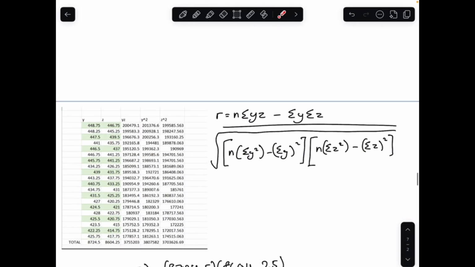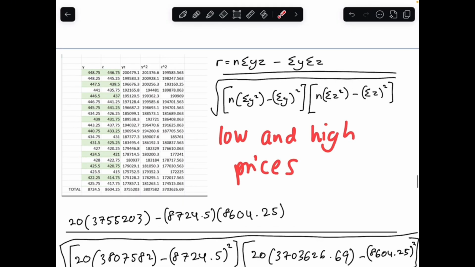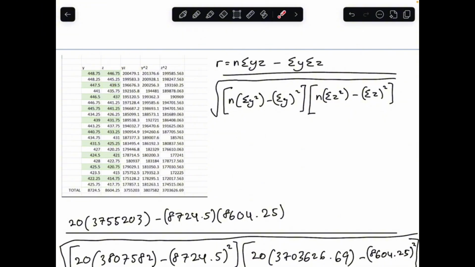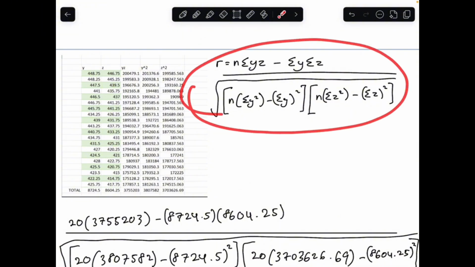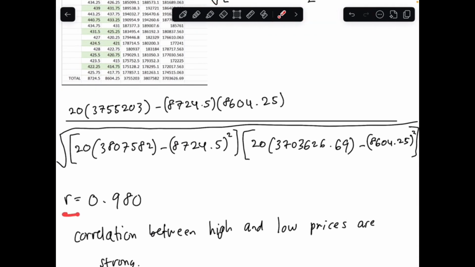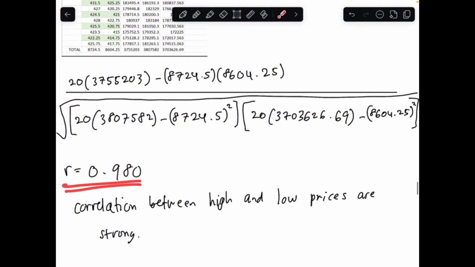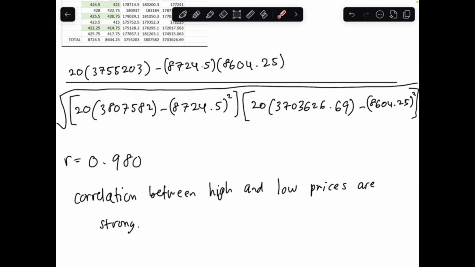Next, the correlation between y and z, which are high and low prices. Substituting all the values in this formula, we get 0.980, and still there is correlation between them.